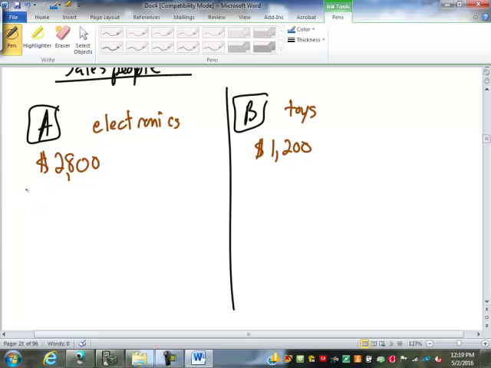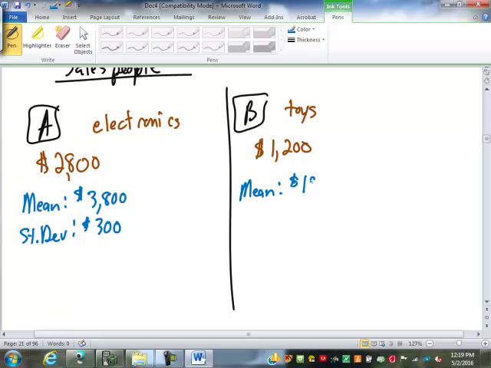So let's say of all salespeople in electronics, the mean sales was $3,800 with a standard deviation of $300. Let's say for toys, the mean sales was $1,800 with a standard deviation of $200.